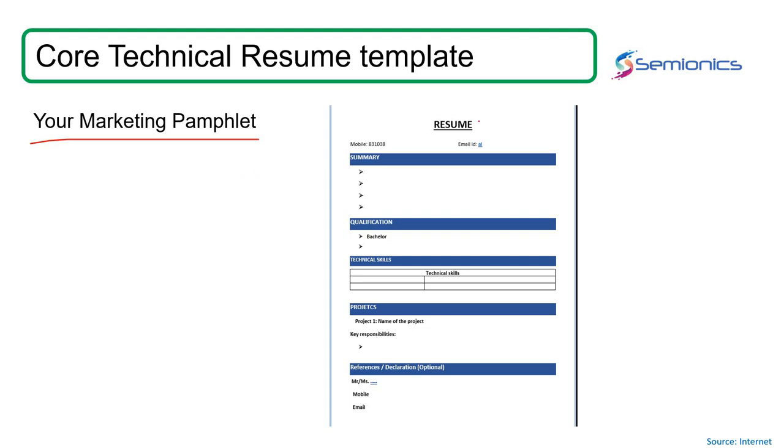If you see here, it's a very basic template. You write your mobile number and email ID. Generally, students or youngsters tend to use all kinds of weird email IDs, like writing 1234, or their college register email ID, or their address or their nicknames. So keep in mind that this is a professional resume.